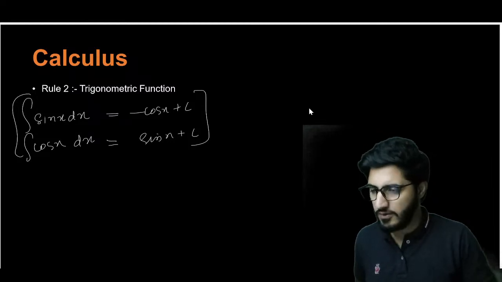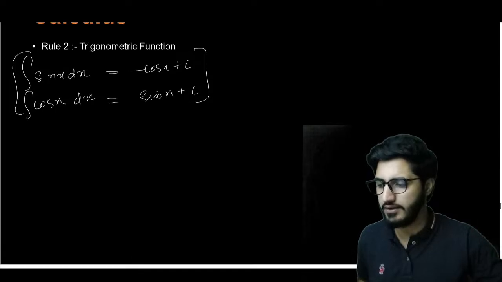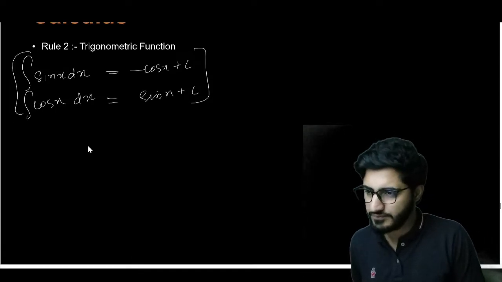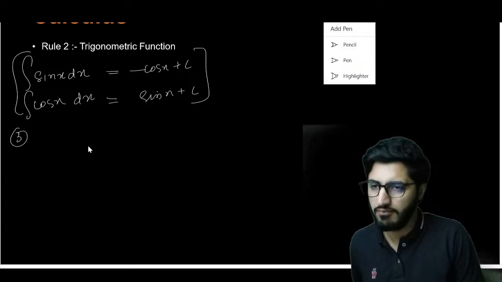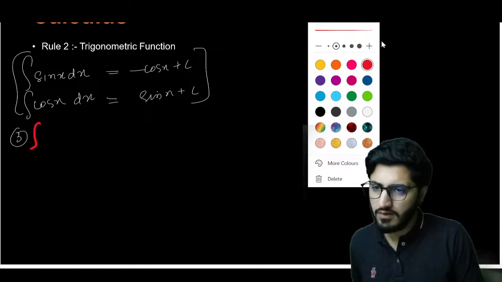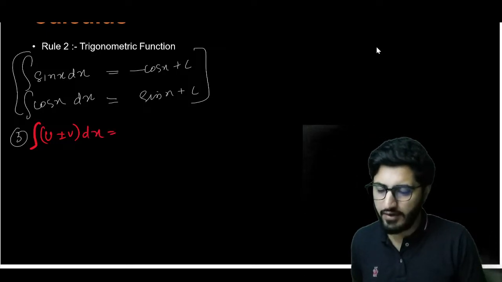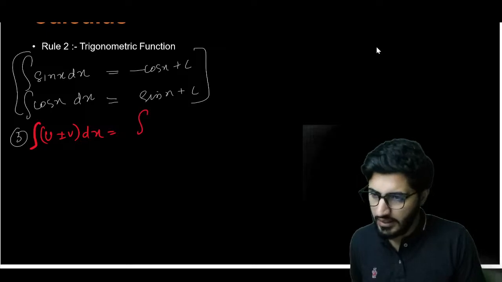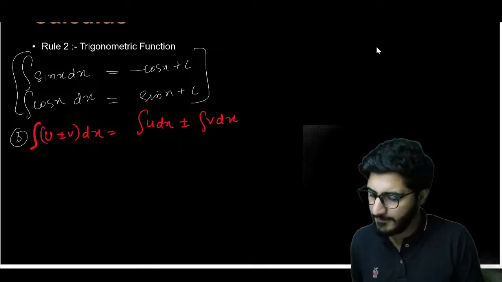Now, the third rule. If we have the integral of u plus or minus v dx, take them apart, taking u and v separately. So the integration of u with respect to dx plus or minus the integration of v with respect to dx.